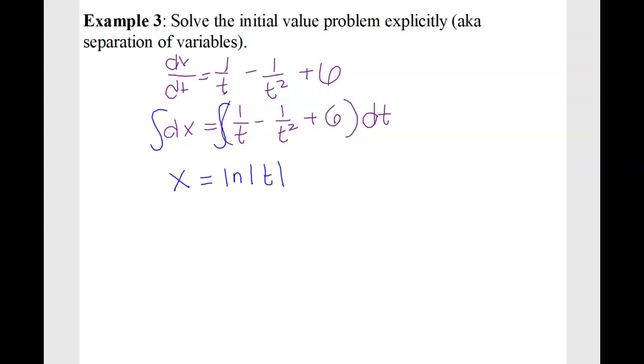The antiderivative of negative 1 over t squared, what's really negative 1 times t to the negative 2, so you add that power back. So you get t to the negative 1, a negative and a negative become a positive, 1 over t. Add the t back to my 6. And we can't forget our plus c.